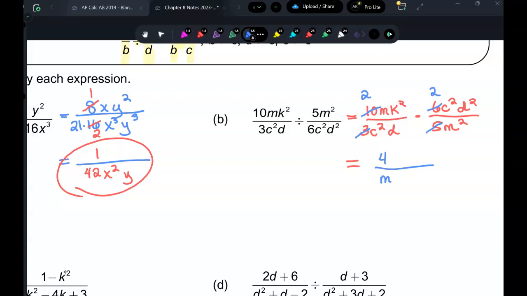Is there any k to combine? No, so we'll just leave the k squared. What happens with c squared? It's just going to cancel. And then we have d to the 1, on the top or bottom? Top. Bigger one is on top, so d to the first stays.